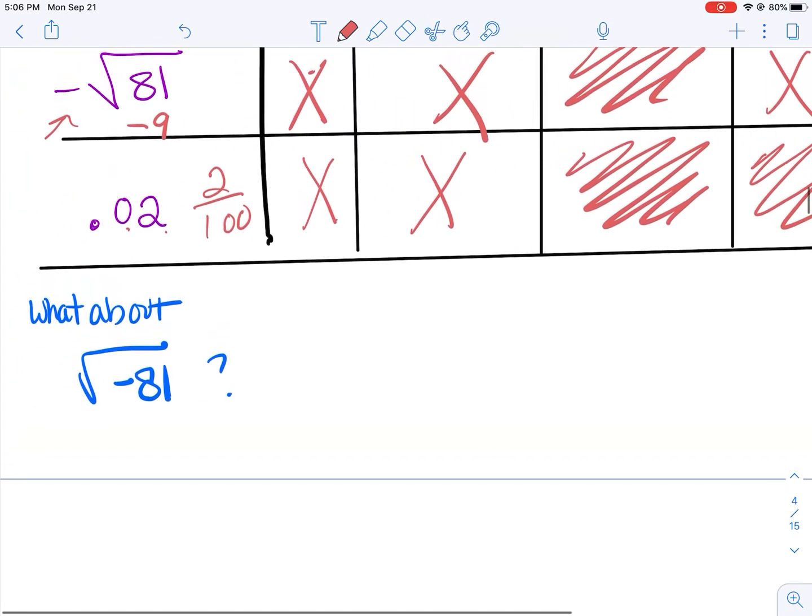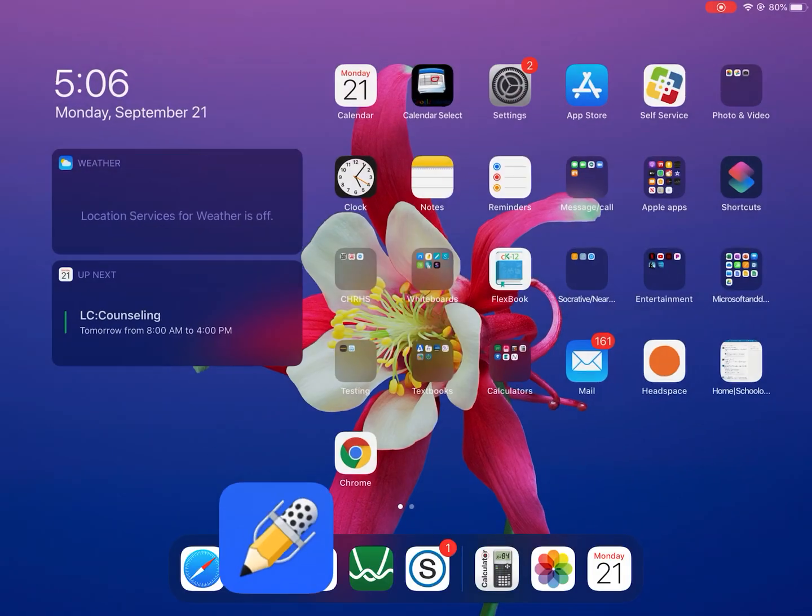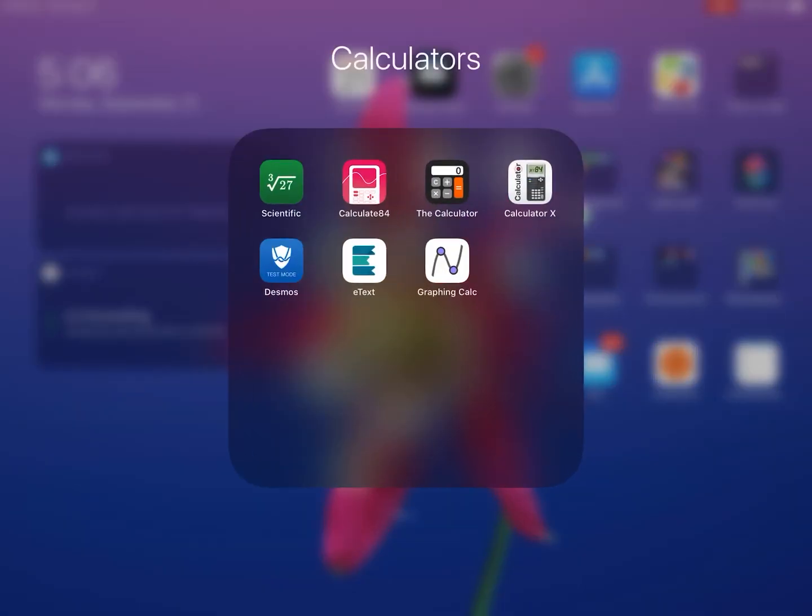So one quick question here. What about the square root of -81? Right? So we said the negative square root of 81 is equal to -9, which is a perfectly real and rational number. But if you put this square root of -81 into your calculator, let's go try it here.